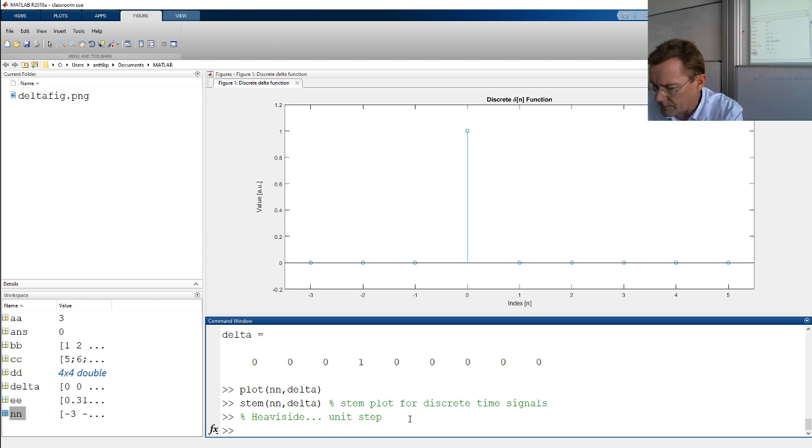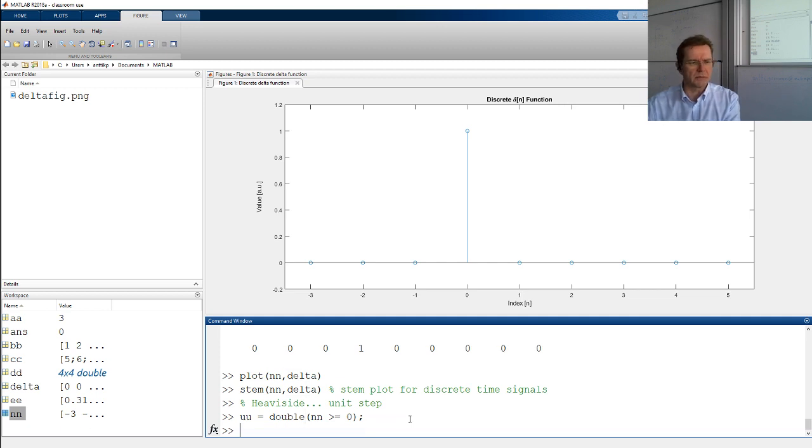So u equals n greater than or equal to 0, and again I want this one to be a double vector, okay, and I can stem that one.